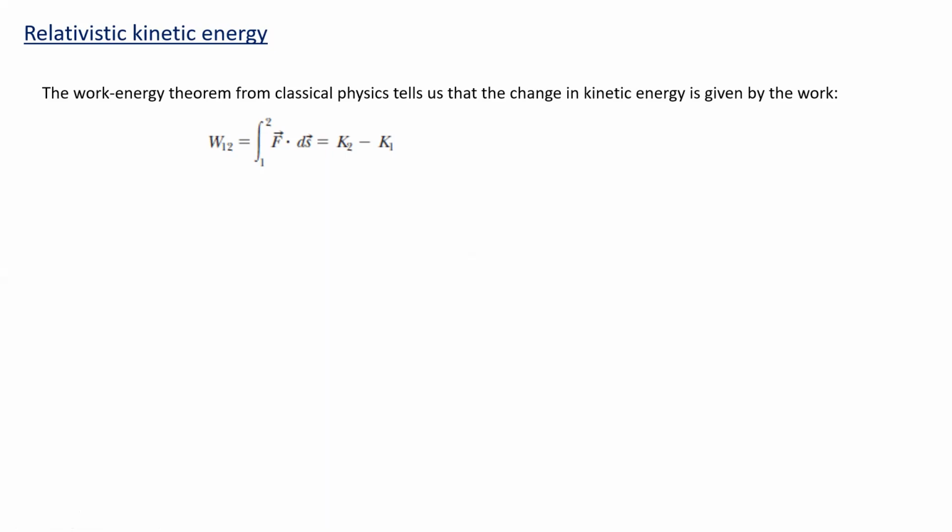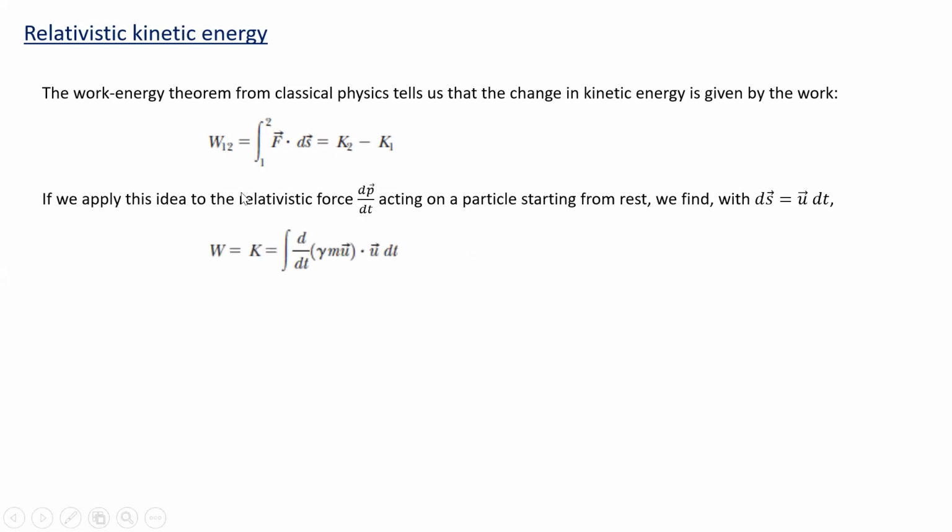So we can try applying that here with our relativistic force, which is dp/dt, where p is our new momentum, gamma times our classical momentum, acting on a particle from rest. And if we do that, we find, writing the change in position as the velocity times the time interval, the work would be equal to just K, since we start at 0.